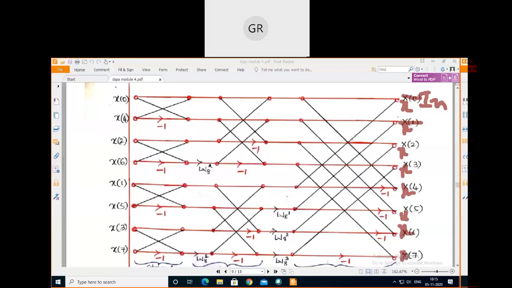Okay, this remains the same. This is the first stage. Okay, this is the second stage, and this one is the third stage. Okay, this is capital X. Just you can fold this one.